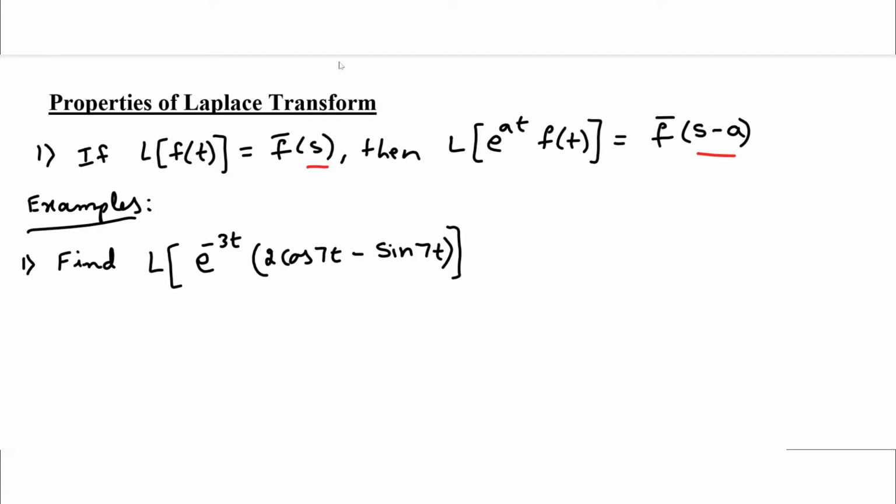If we compare, it is in the form of e power of at, and this entire expression will act as f of t.